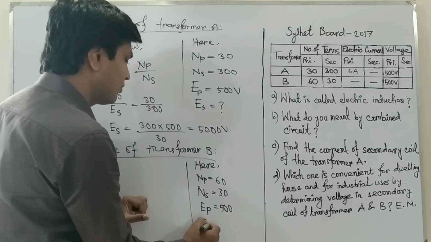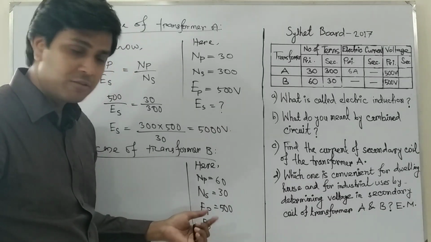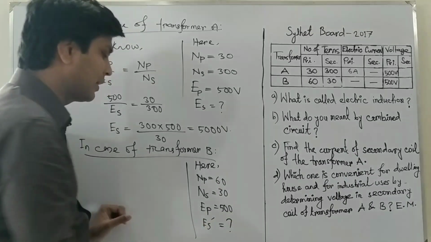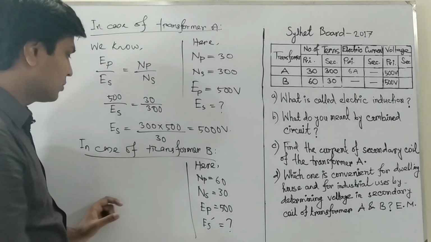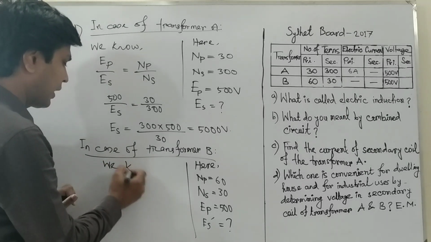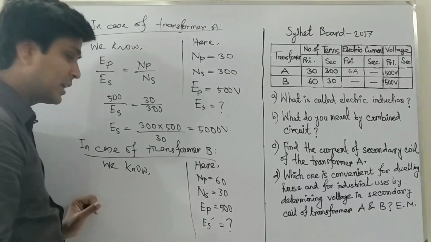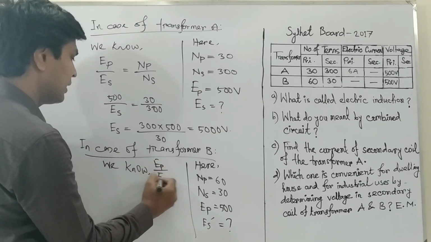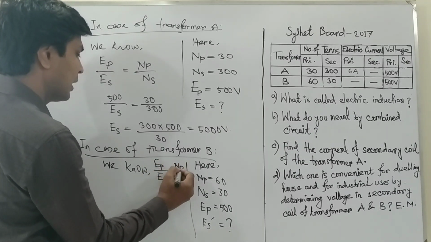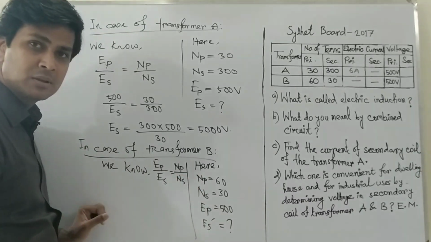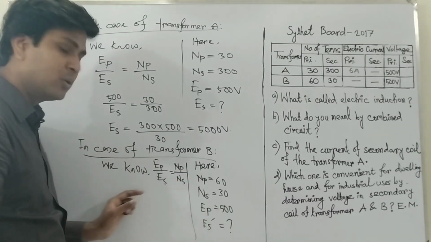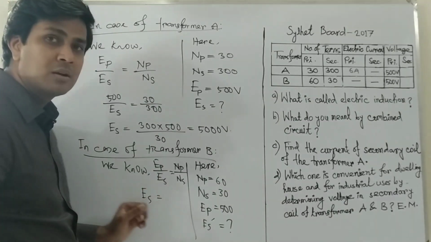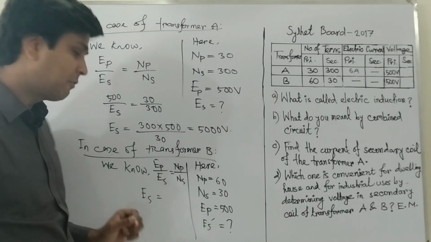We consider the voltage of secondary coil for transformer B as ES prime, and we have to calculate the value of ES prime. So we'll use the same formula, EP divided by ES equal to NP divided by NS. If you put the values and after calculation we will get the value of ES as 250 volt.